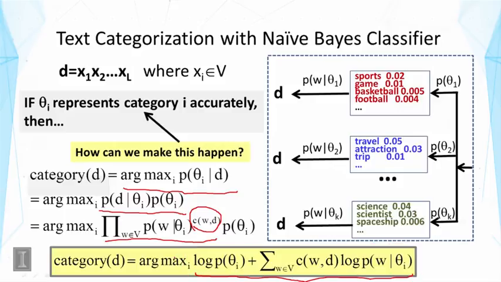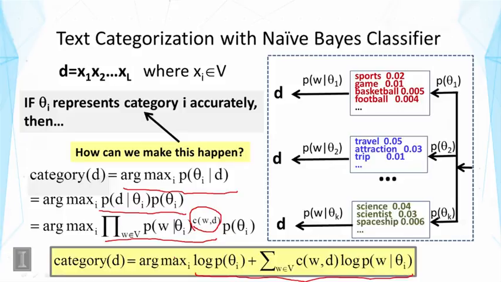So now the question is, how can we make sure each theta i actually represents category i accurately? Now in clustering, we learned this category i, or the word distributions for category i, from the data. But in our case, what can we do to make sure this theta i represents indeed category i?